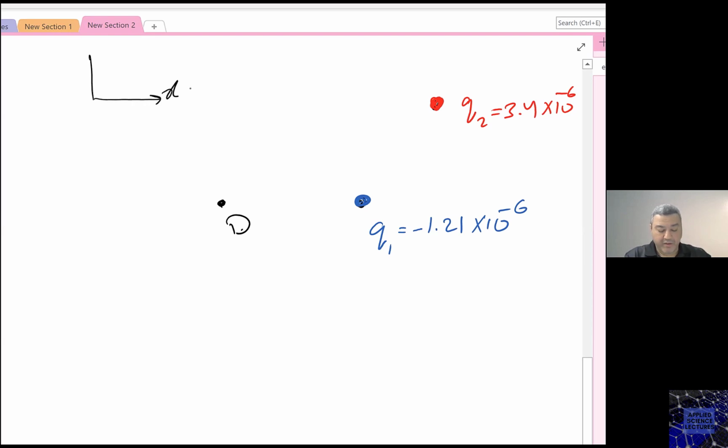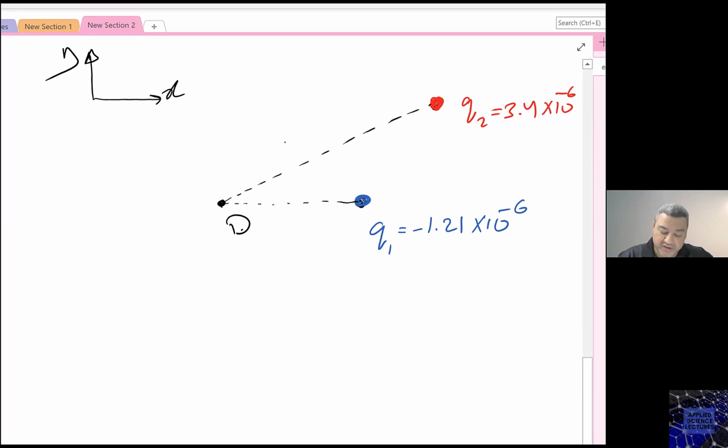while my coordinates are X and Y this way. So how do we calculate the electric field? The first thing is we draw the lines between, those are my R's, this distance.